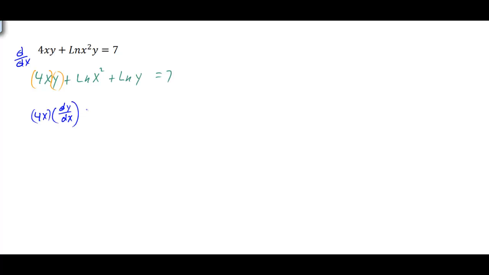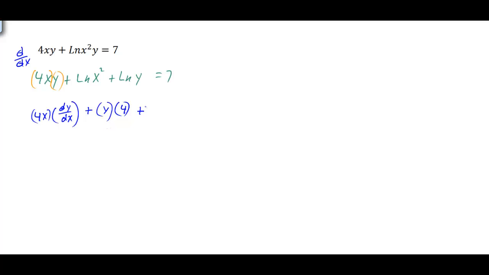And then the rest of the product rule says plus, we're going to take the second term, which is y, multiplied by the derivative of 4x, which would be 4.